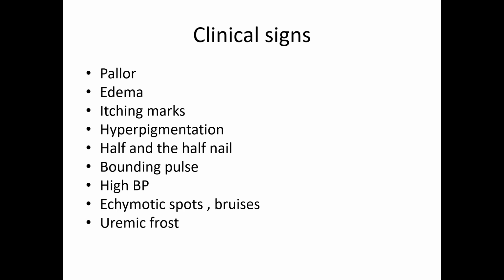They have ecchymotic spots and bruises over the body. Uremic frost too, which is the deposition of urea over the skin. These we usually don't see, but early on, in marked uremic patients, those kinds of signs were seen. So these signs, as I described, are seen in advanced stages of chronic kidney disease.